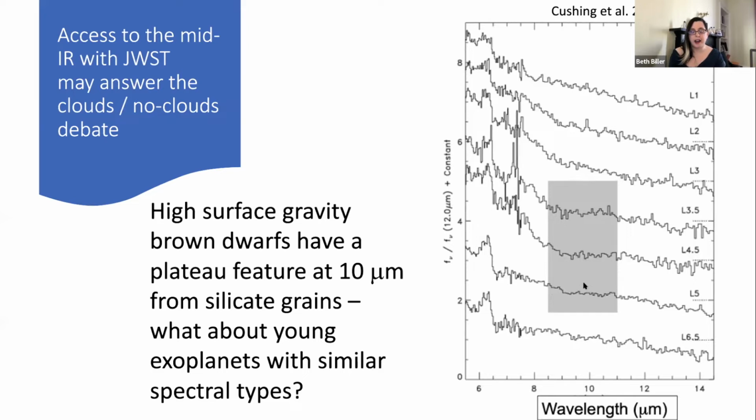So at least for the higher mass brown dwarfs, we do seem to have direct evidence of silicate grains in their atmospheres. But what about for young giant exoplanets? This is something that we're going to probably have an answer for in the next year, which is pretty exciting. There are GTO and early release science programs that will definitely be probing this wavelength regime, both for brown dwarfs and young giant exoplanets and free-floating planetary mass objects.